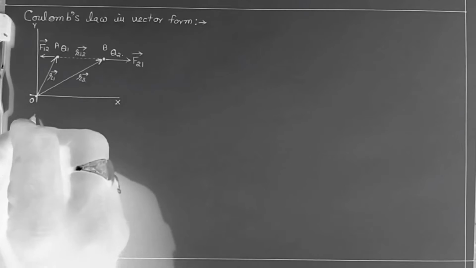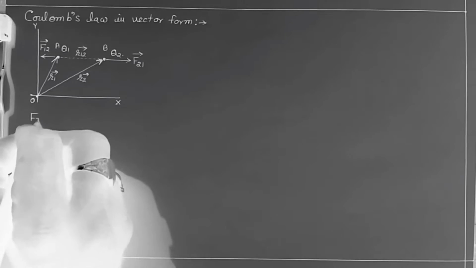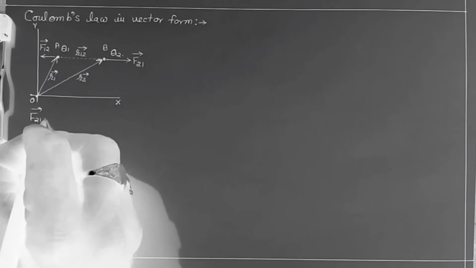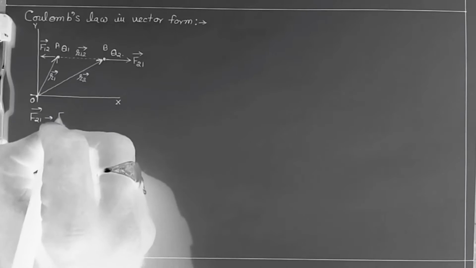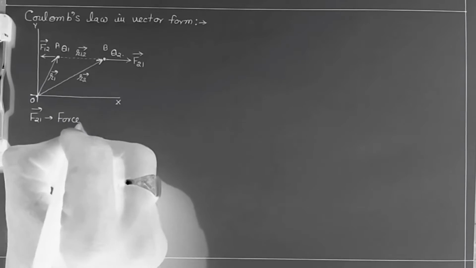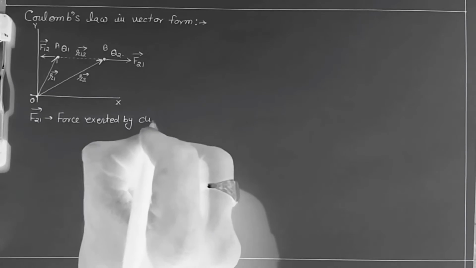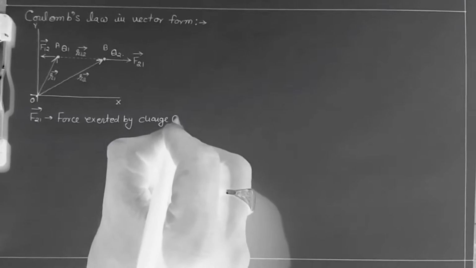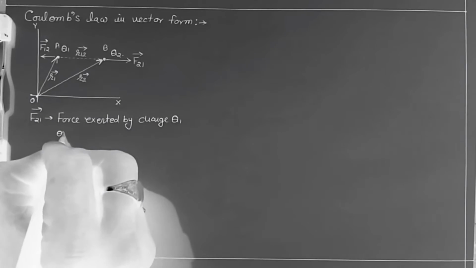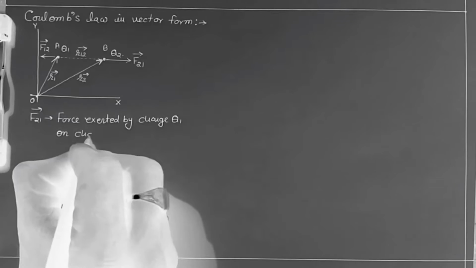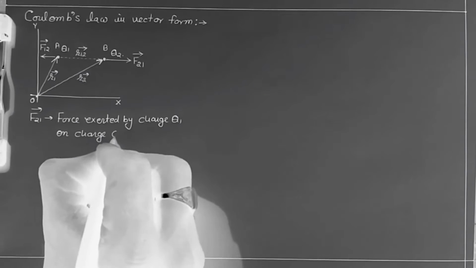So here this F21 vector is the force exerted by charge Q1 on charge Q2, right?